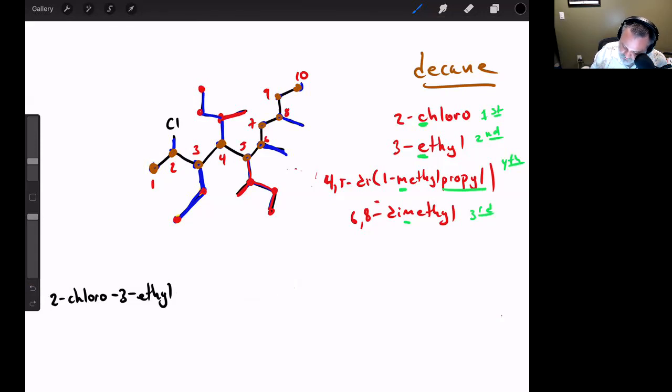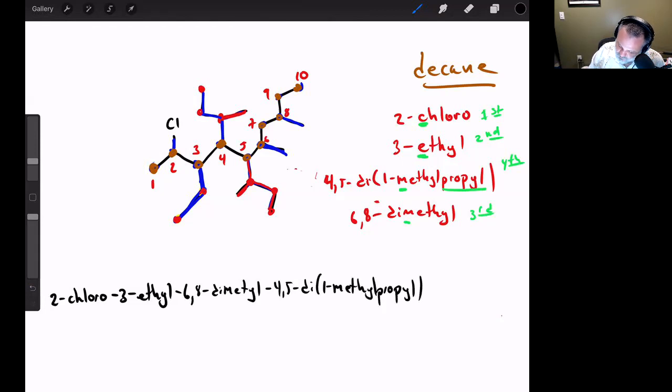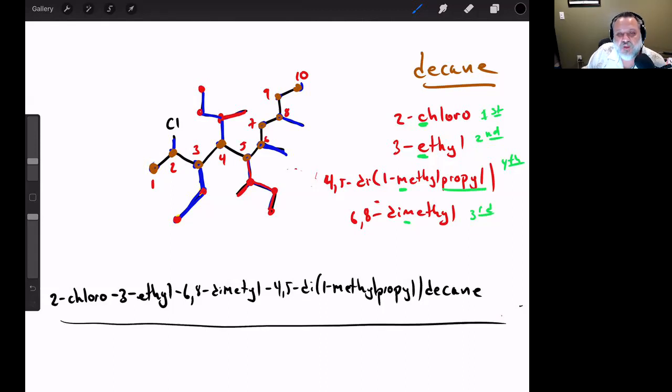So it's 3-ethyl, 6,8-dimethyl, 4,5-di-1-methyl propyl, decane. There it is. So it gets complicated really quickly.